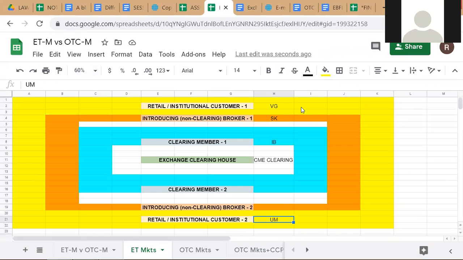So here you have the 2 customers, and they're trading now. In the case of the OTC market, there will be 1 contract between the 2 customers. Now you have two contracts, customers trading with CME clearing, and here the other guy is also trading with CME clearing. Okay, these things are all clarified in the Hull book as well when you read it.